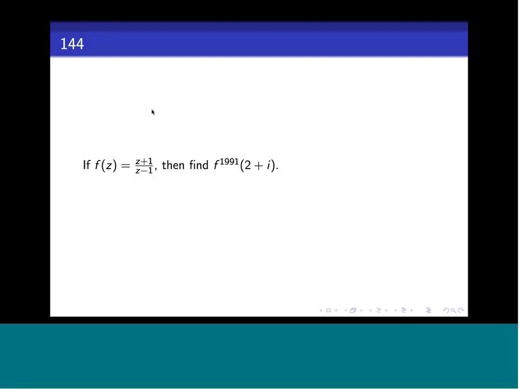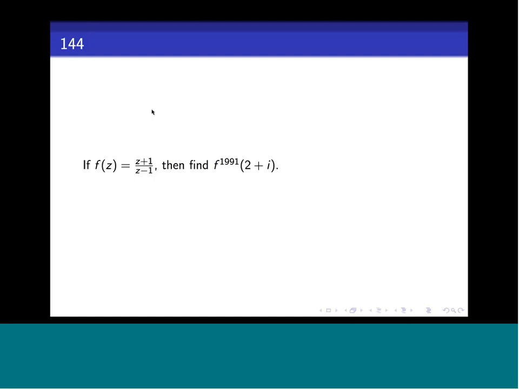How did you do it? I just kept on substituting the thing. I just kept on putting 2 plus i in, and then the answer I got I put back in. And then I found the pattern.